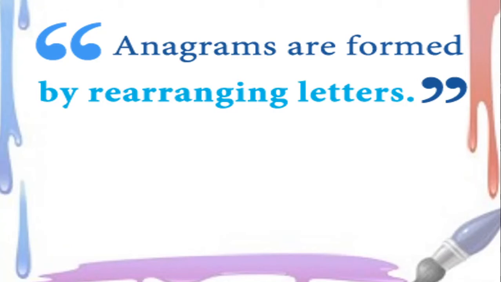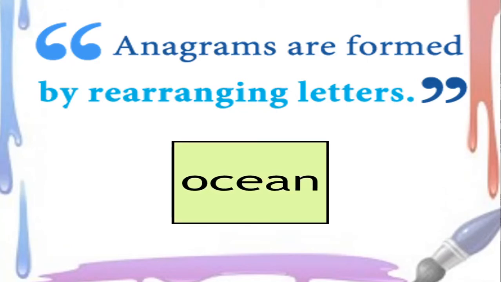So when you rearrange letters in order to form a new word, then that is called an anagram. Okay, so now we understood what an anagram is, and we also saw an example of an anagram. Okay, so in order to make this idea more clear to you, we will look at some more examples of anagrams.